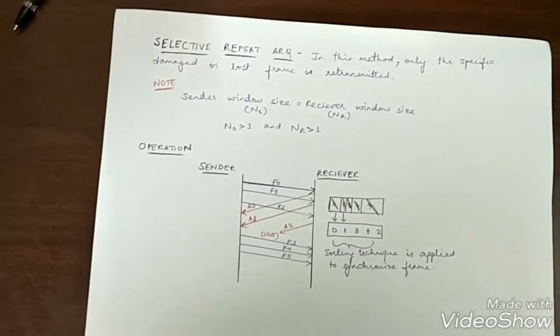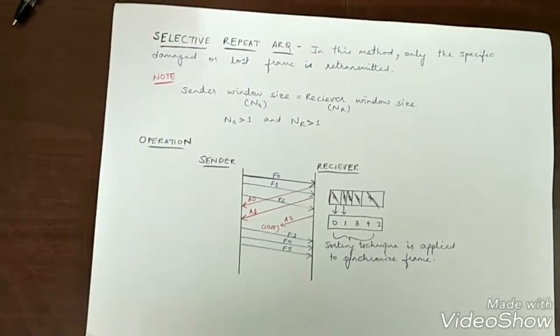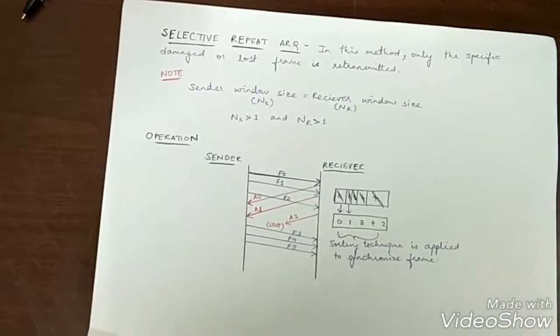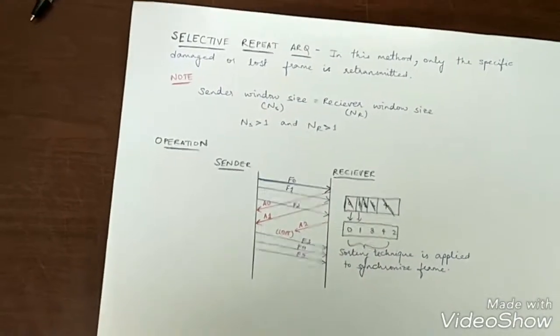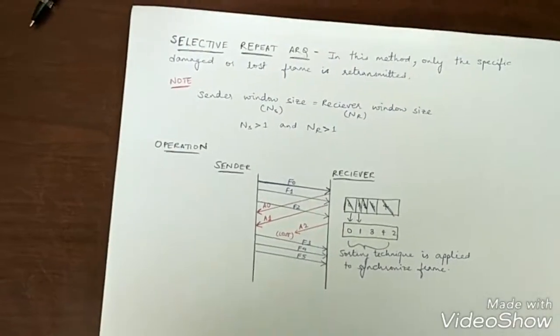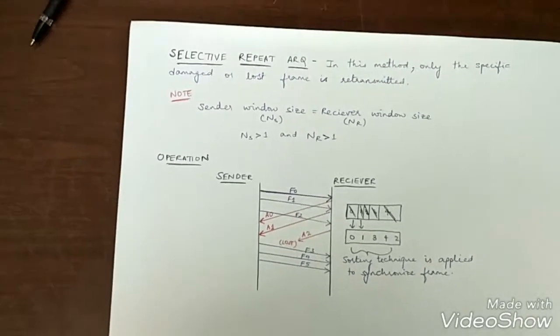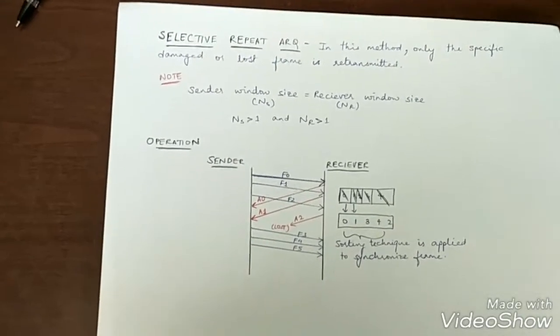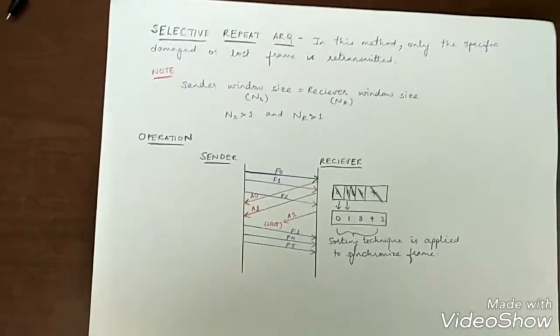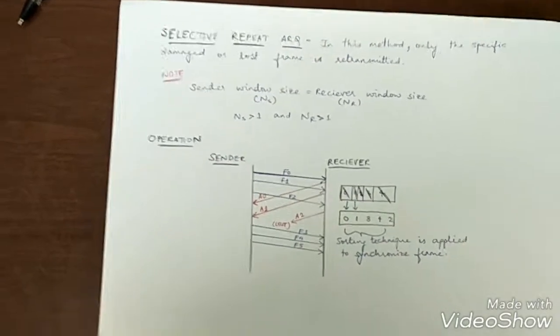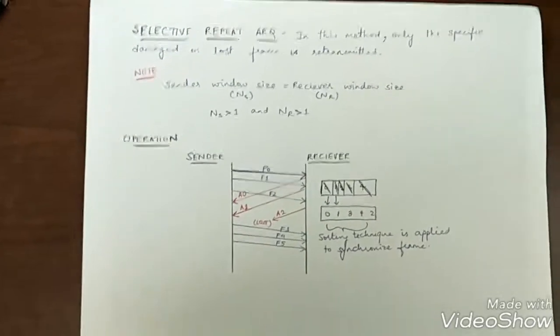The problem with the Go-Back-N process is that on the receiver's side, only one frame can be processed at a time. If a frame is lost or damaged, the sender sees the last acknowledgement and retransmits the rest of the frames, which decreases the efficiency.